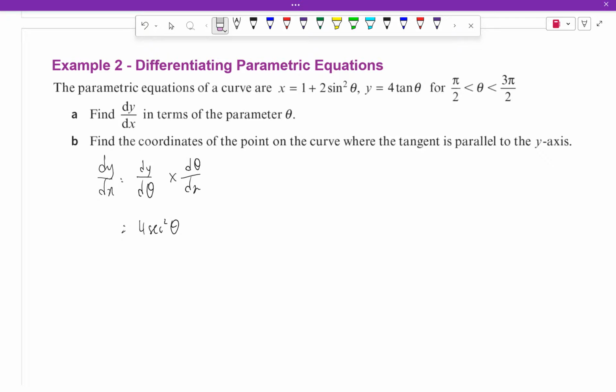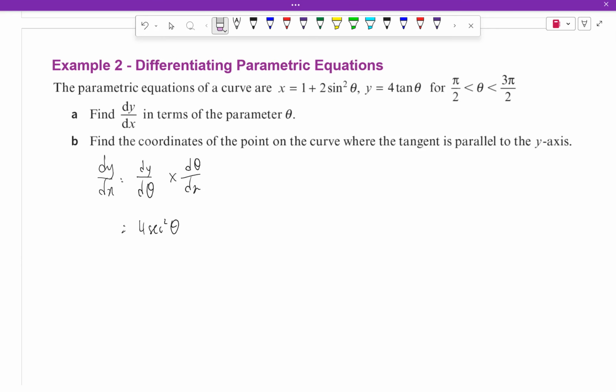So 1 plus sine square theta, we can get it to cos 2 square. But I think we can do product rule also. Yeah, we can do product rule.